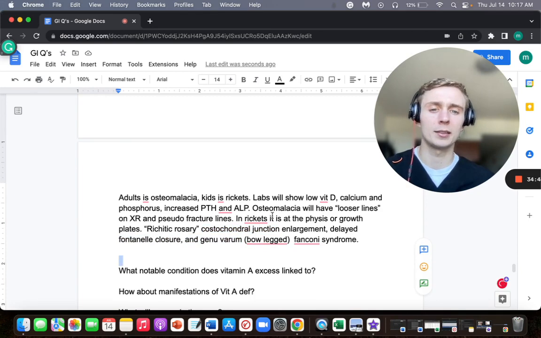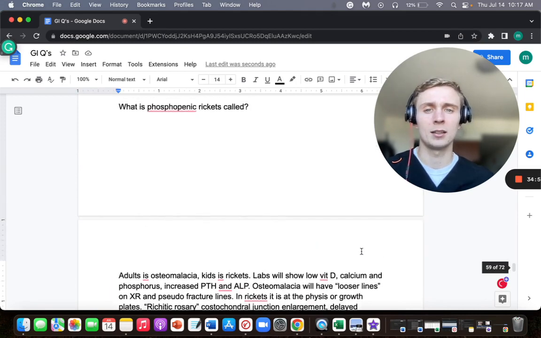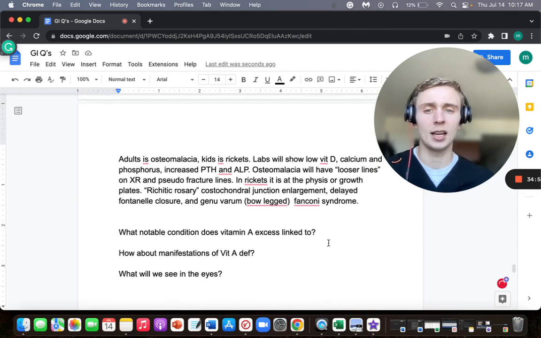Phosphopenic rickets is called Fanconi syndrome, and that's when you're losing the phosphate. Again, those 3 classical findings: costochondral junction enlargement, which is rachitic rosary; delayed fontanelle closure, because it is kids; and genu varum, that bow-legged.